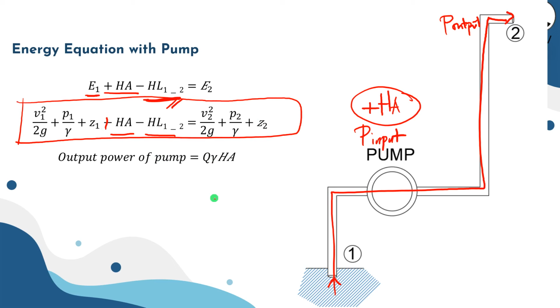To compute the output power of the pump, the additional head that we have will be multiplied by the flow rate. The flow rate at point 1 is just the same as at point 2. So the flow rate in the pipe, the unit weight of the fluid, and HA.